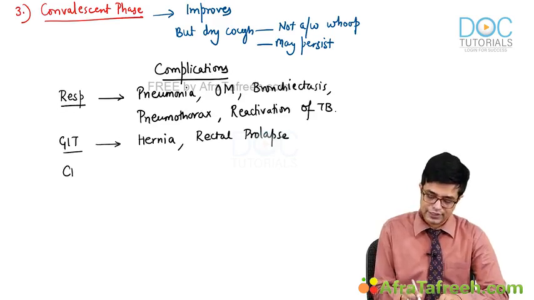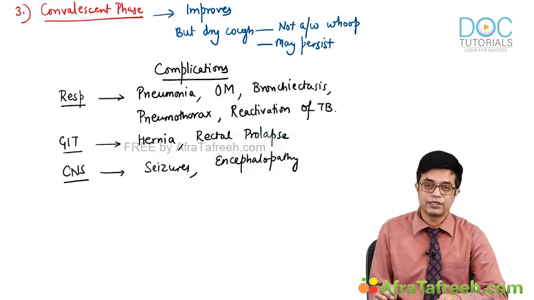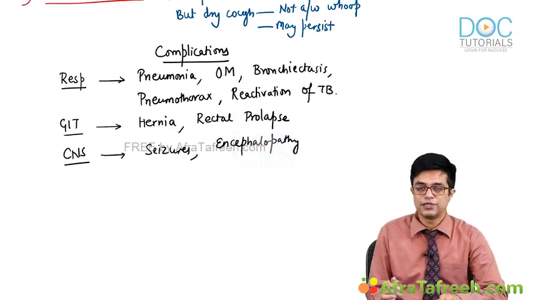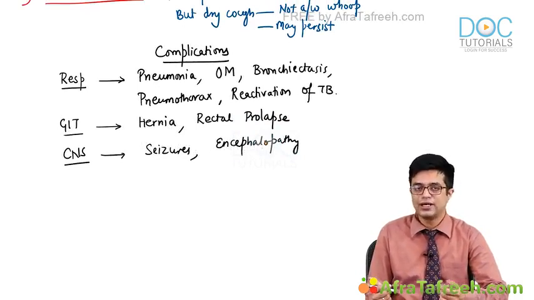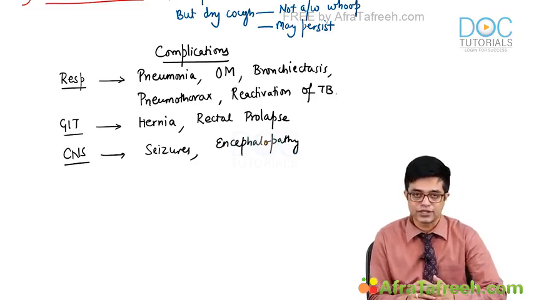Thirdly, CNS involvement can be in the form of seizures as well as encephalopathy-like illness. Seizures are multifactorial, can be related to hypoxia. They can also be related to toxin getting systemically absorbed. Although seizures are mild in nature, occasional, and more related to relative hypoxia rather than the direct toxic action.